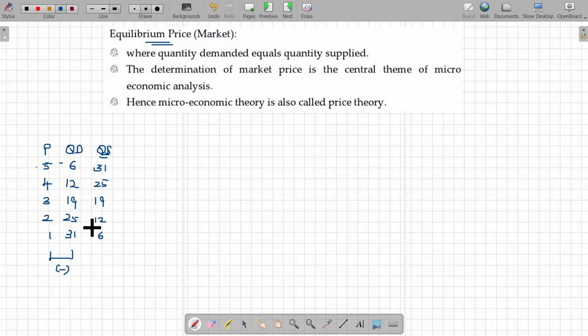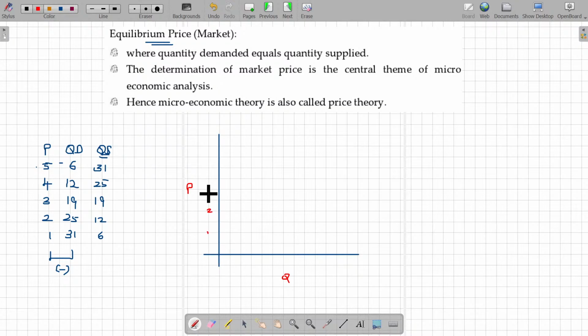Is that okay? So I am going to plot these two parallelly so that you will understand the logic here. Now, this will be quantity, this will be price. Price 1, 2, 3, 4, 5. I just take some more space.